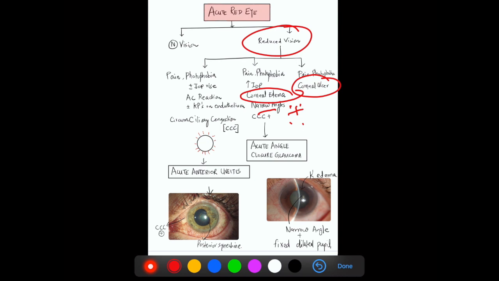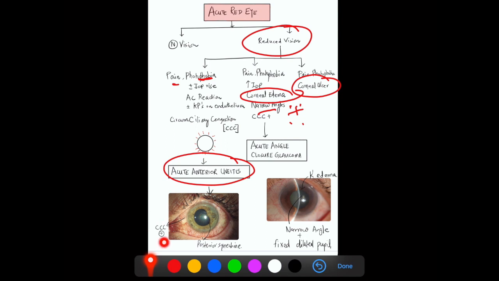And yes, let us not forget the other important thing with this topic, which is the uveitis. So a patient can present with pain, more photophobia. You may or may not have an IOP raise, but you will have an AC reaction. You may have keratic precipitates on the endothelium presenting with a typical ciliary injection or what we call circumciliary congestion in acute anterior uveitis.